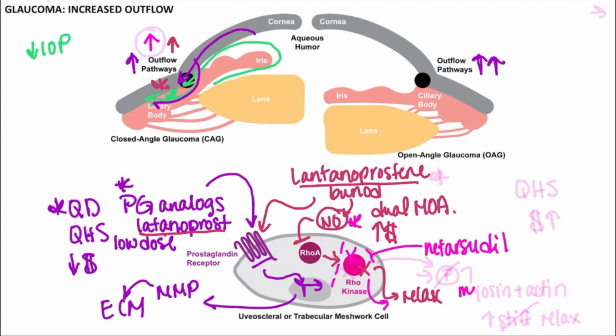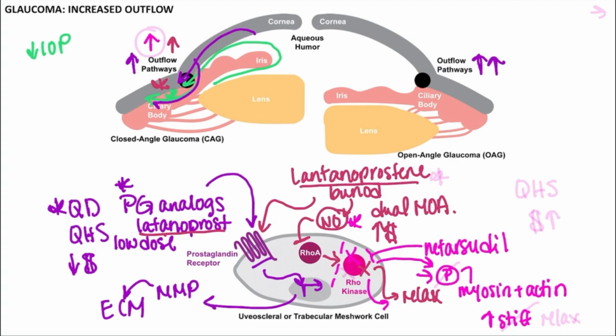So myosin and actin are key components of the cytoskeleton, and phosphorylated myosin interacts with actin, increasing cell stiffness. And as you might expect, this phosphorylation of myosin is regulated by the activity of both a kinase and a phosphatase. So usually Rho kinase would actually inhibit the phosphatase that's responsible for removing this phosphorylation and would allow the relaxation of the cytoskeleton.